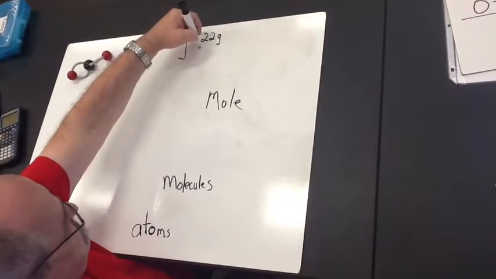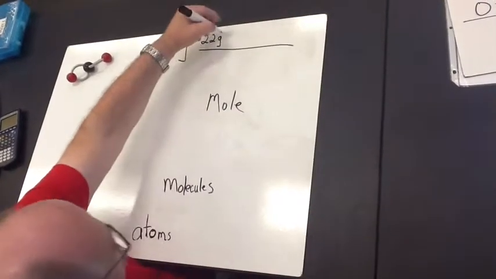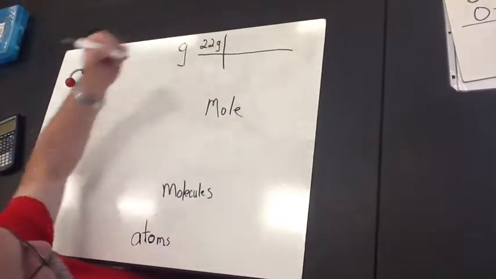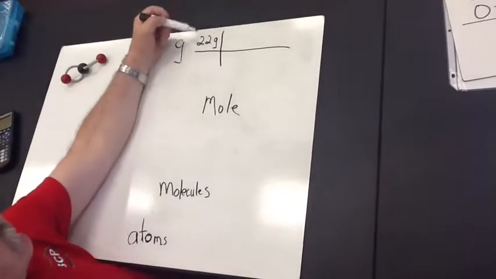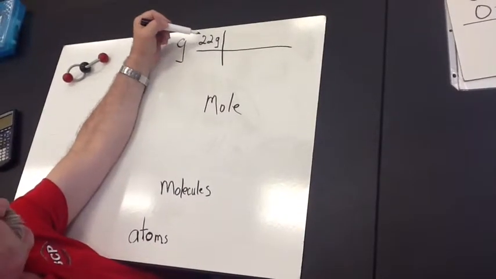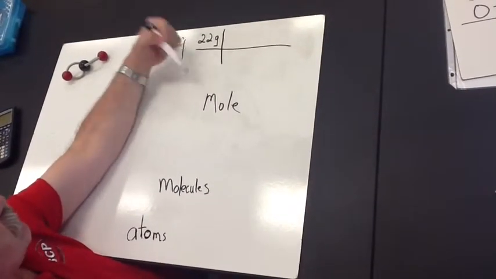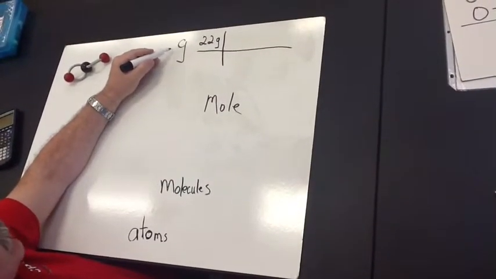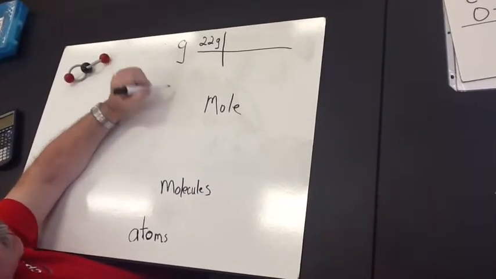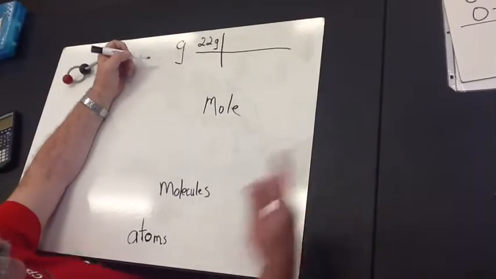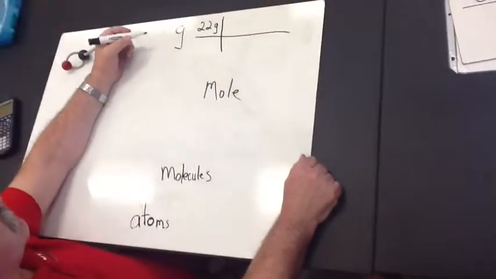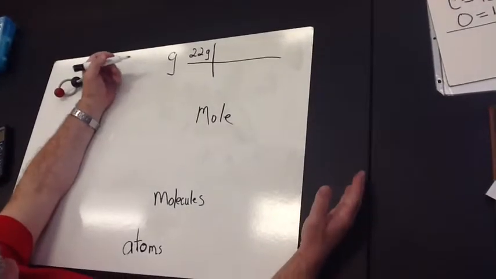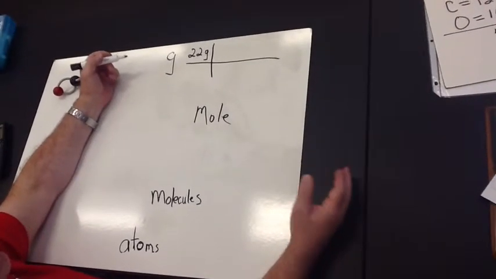So the dreaded T-chart is back, just like I told you it would be. It's not too dreaded. So we know that we need to convert grams to moles. And we know the relationship between 1 mole and the mass of that compound is the molar mass. And from our earlier discussion, we know that CO2 has a mass of 44.01 grams.